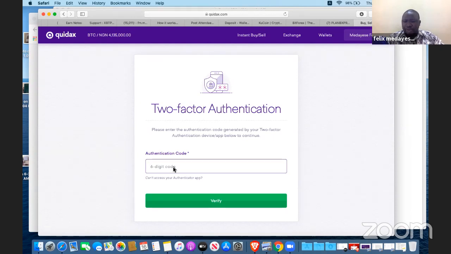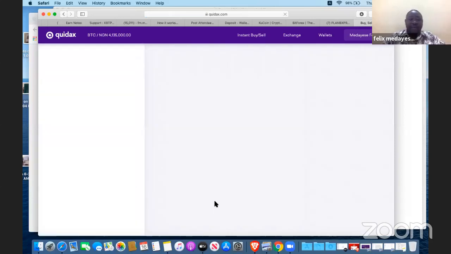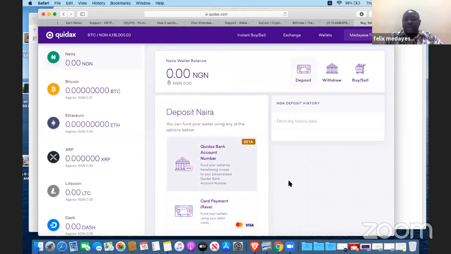Just be patient a little. This is Quidax. I'm going to type in the code, 61541. Ensure that when you are doing it, if it's still taking some time, you allow it to go over and over again. So this is Quidax.